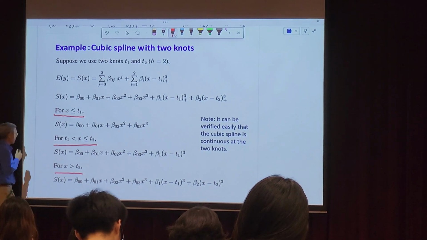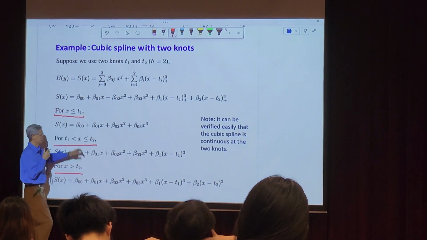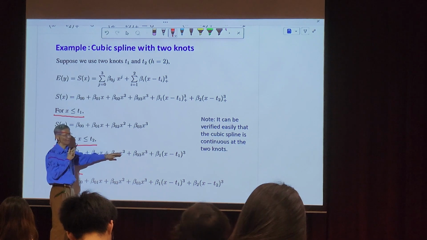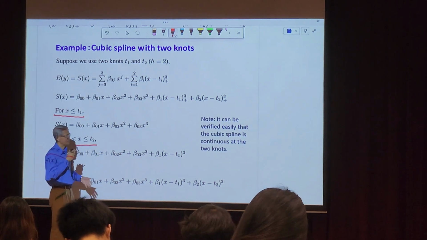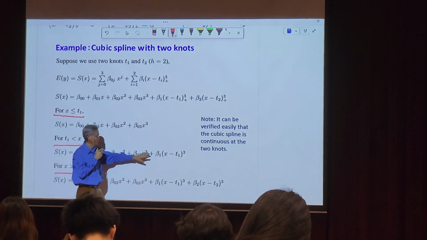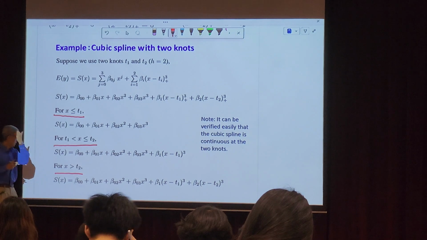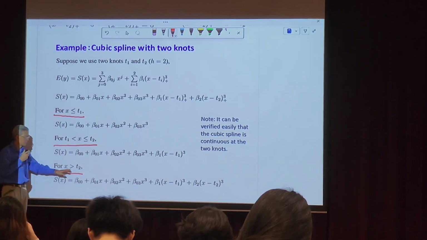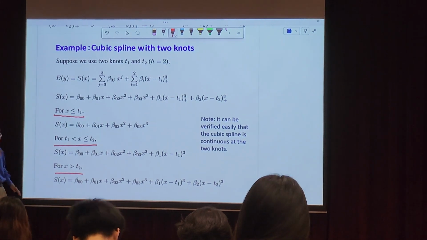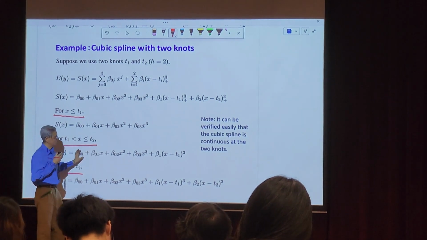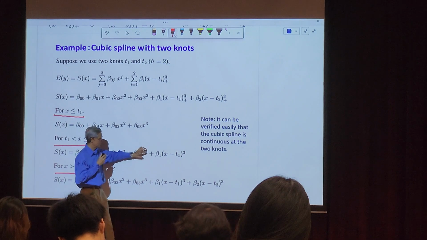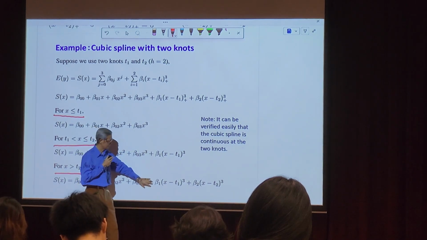So, we have a cubic polynomial. We want a different cubic polynomial. We don't know what it is. Let the data decide for us. So we just add a cubic polynomial here. Same thing for the third segment. We will continue to use this base polynomial for the middle segment here.